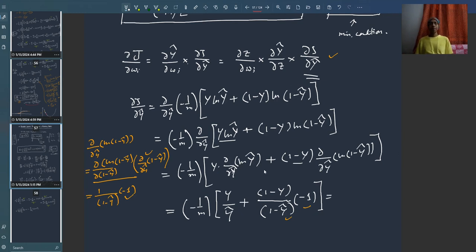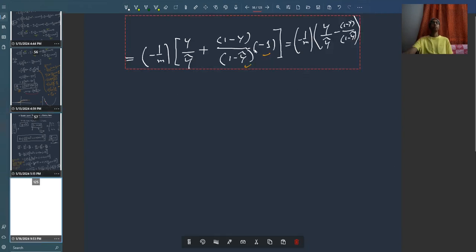This, if simplified further, friends, becomes minus 1 by m, y by y hat minus 1 minus y by 1 minus y hat. This expression. We simplify further, friends.